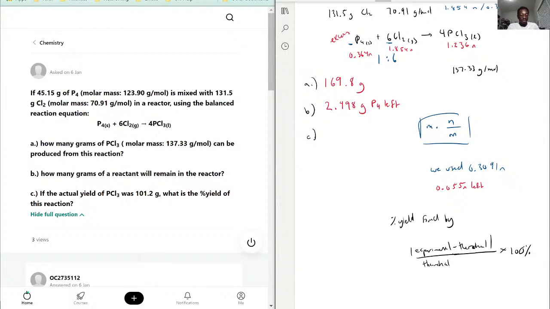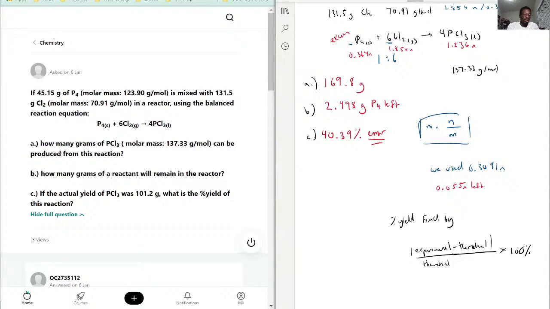So we have quite a bit of a big percent yield because we multiplied that by 100. We have, as we've calculated, 40.39% percent error. So the percent yield then would actually be how much we got based on that.